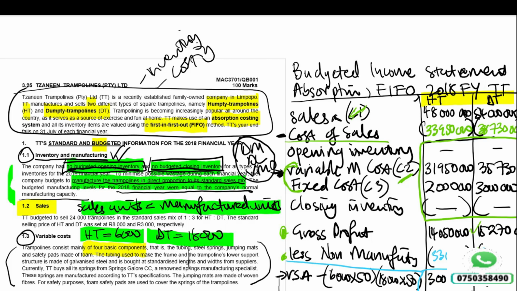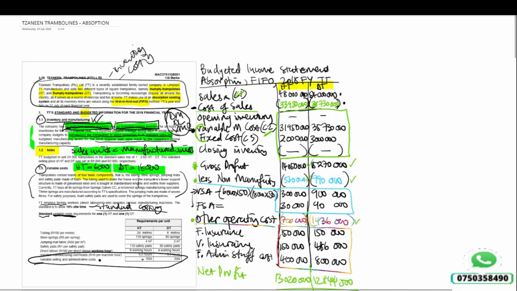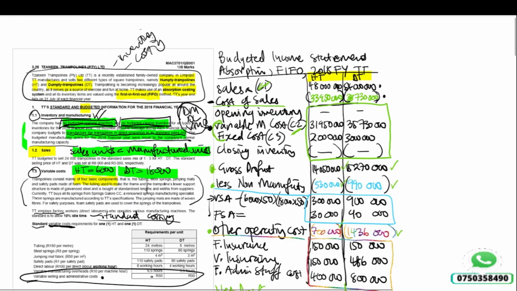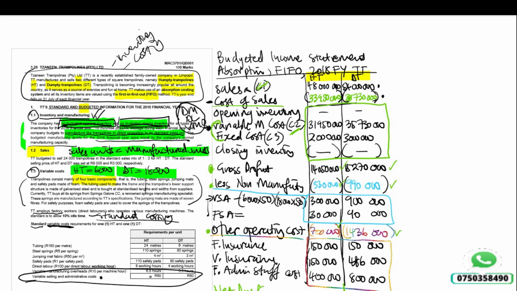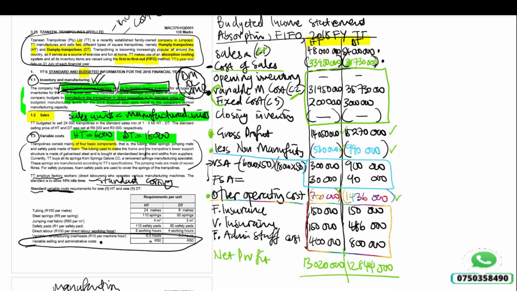After you do that, you go straight to your statement. You start on your statement. You start writing sales. Then when you write sales, you look for the information that pertains to sales. You don't necessarily need to read the whole question to start answering.